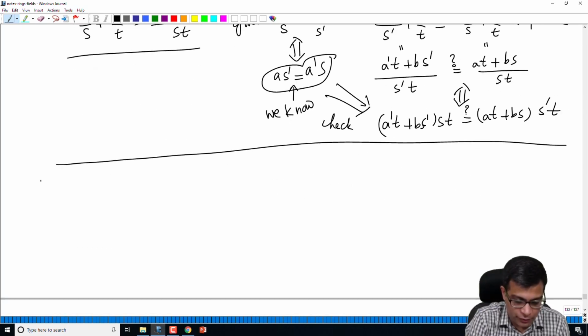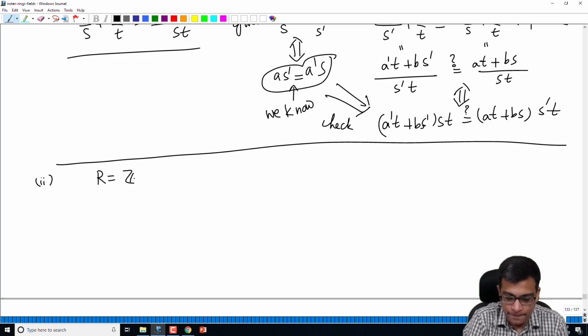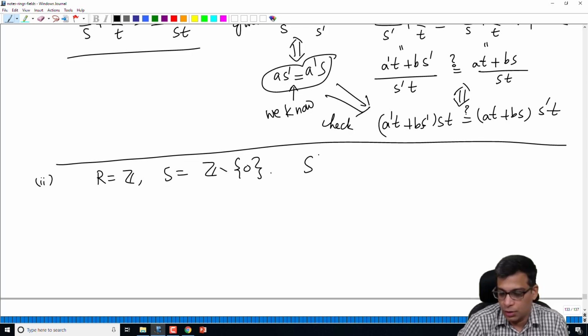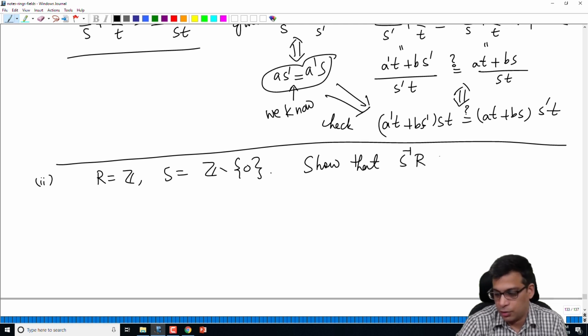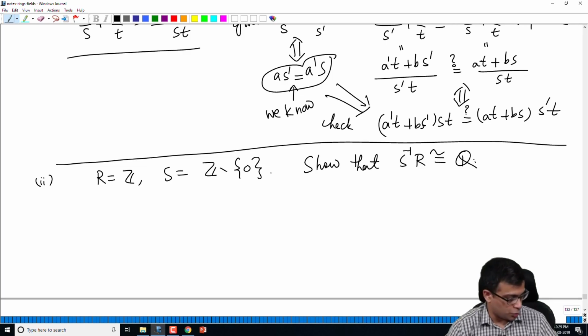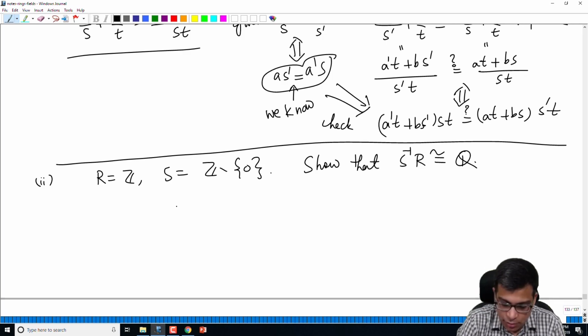Now the second part of the exercise I want to check is, let's take R to be Z and S to be Z minus 0. This is our model for the localization. Then we have to verify that actually what we get is S inverse R is equal to Q. Okay, this I will not do all the details, but it's clear what the map should be.